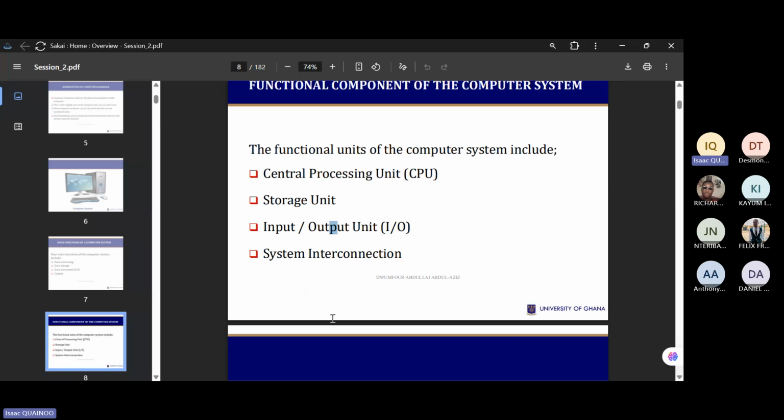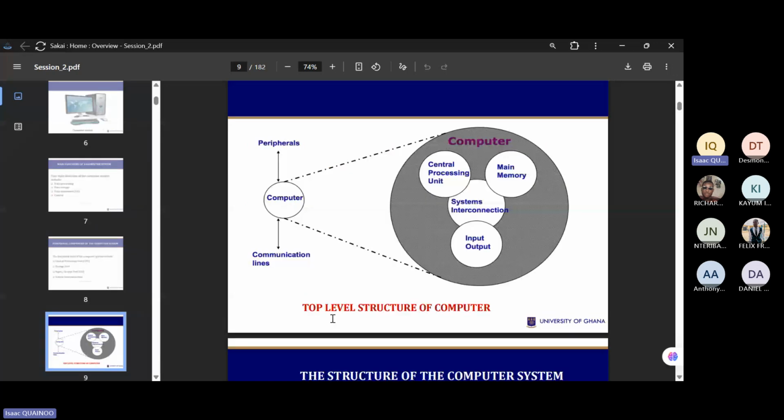So if we take a computer and project it into a computing system, there are some main units that you are going to find, as we said previously. That is our central processing unit, our memory or storage, which here is denoted as the main memory, then our system interconnection, and then our inputs and outputs.